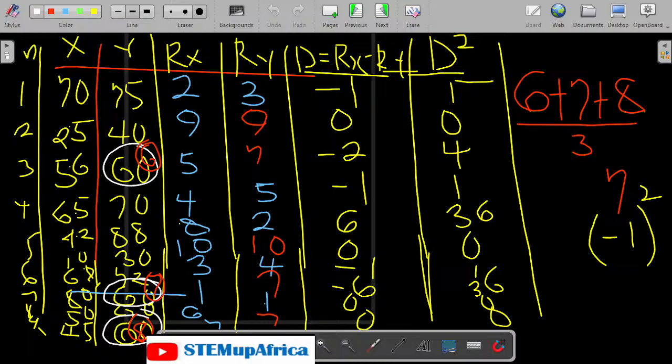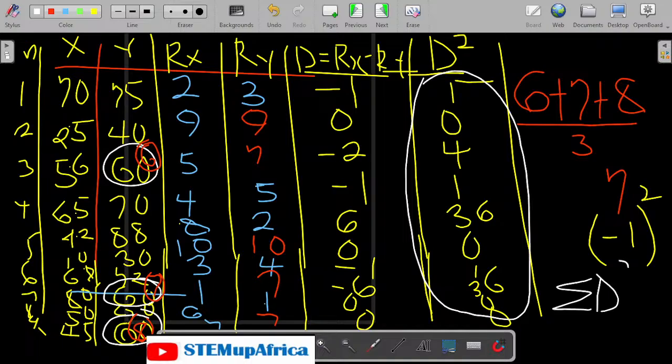That sigma means sum. So if I sum that, we have 1 plus 0 plus 4 plus 1 plus 36 plus 0 plus 1 plus 36 plus 0 plus 0.